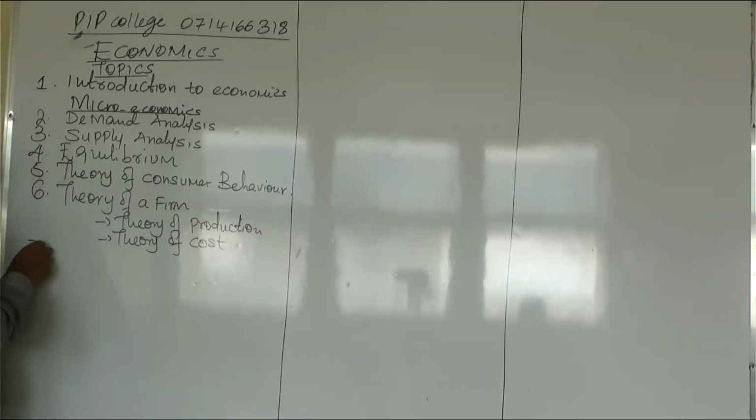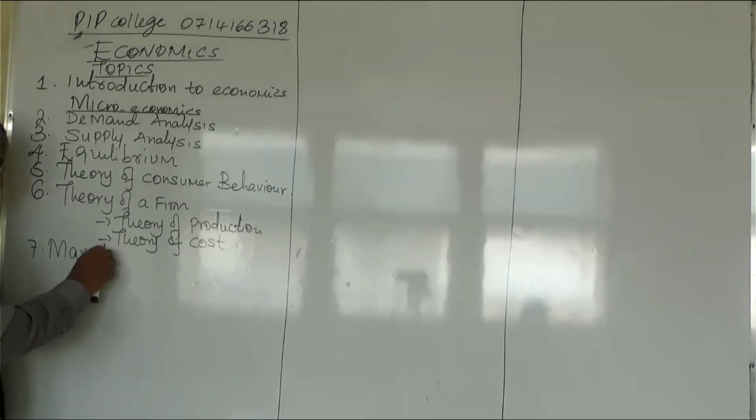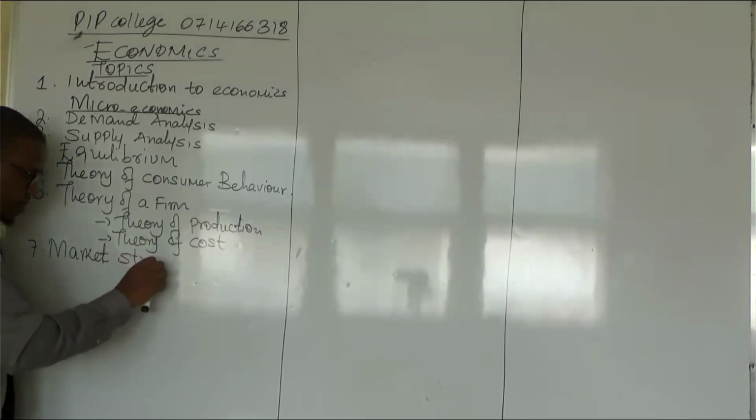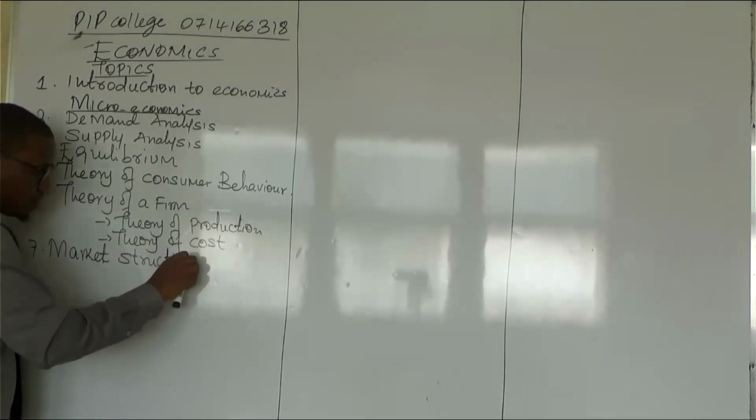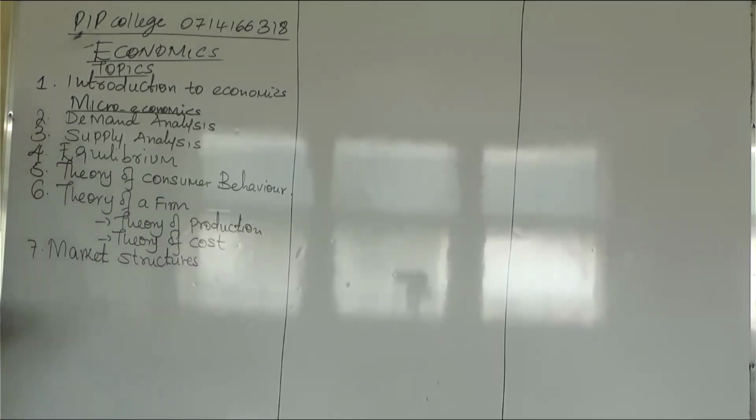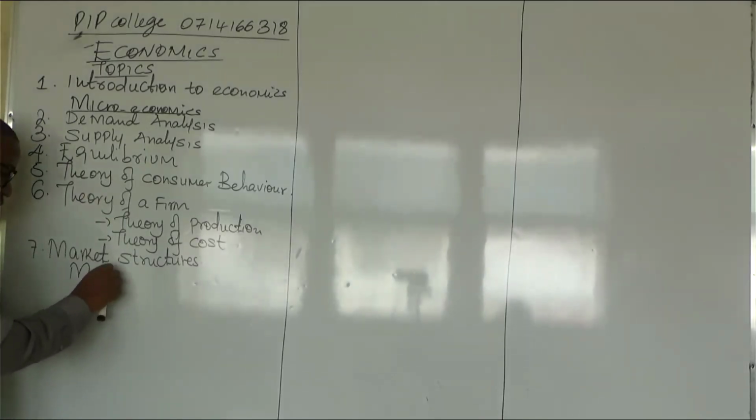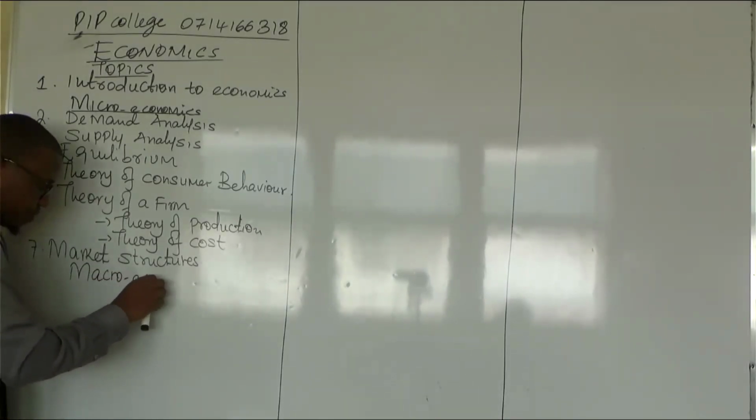Then number 7, we'll also talk about the market structures. Those are the parts of the microeconomics that we'll be able to cover. Then from there, we'll also get to the part of the macroeconomics.